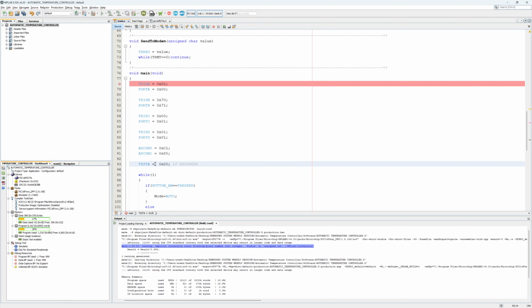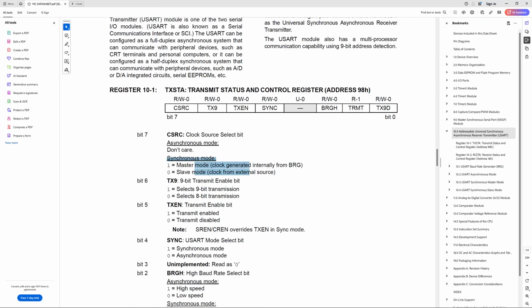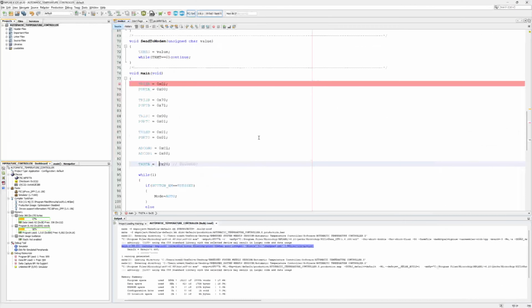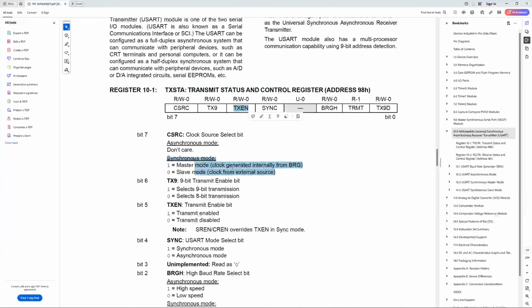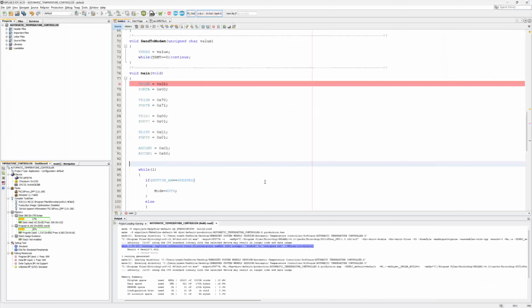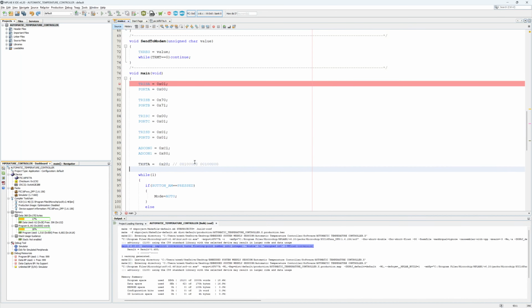So this is the value which we are going to write in TXSTA register. Okay, 20. Only transmission is enabled. TXEN is enabled. I'm just writing a comment here. Enabled.